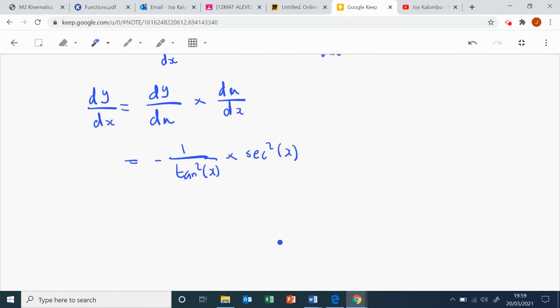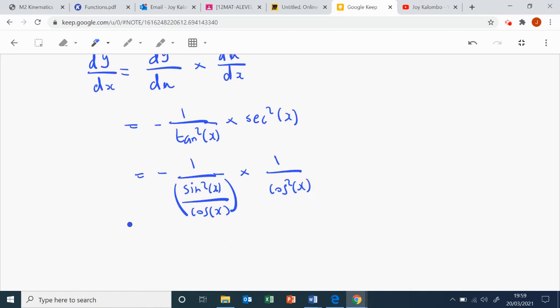Now, bear in mind, tan squared is sine squared x over cos squared x, so that's divided by that. And then sec squared is 1 over cos squared x.